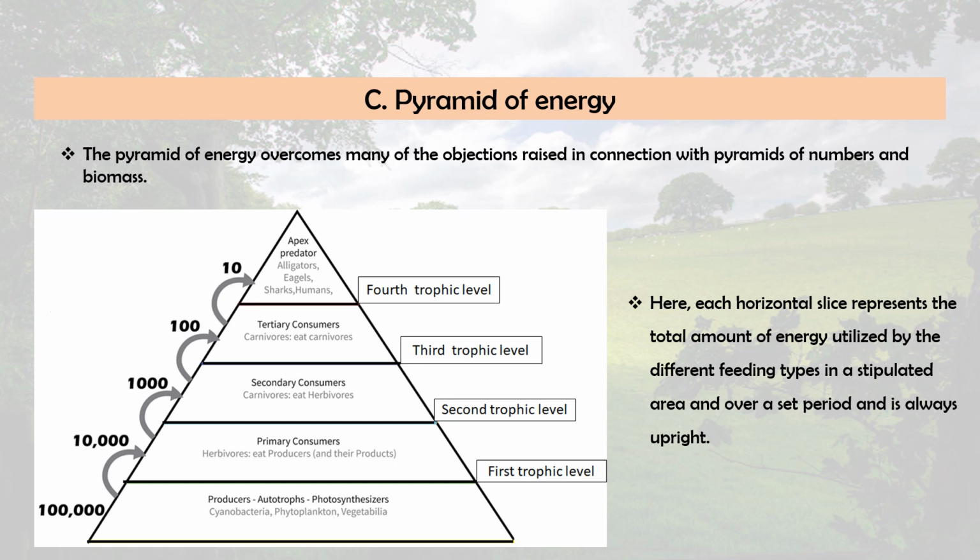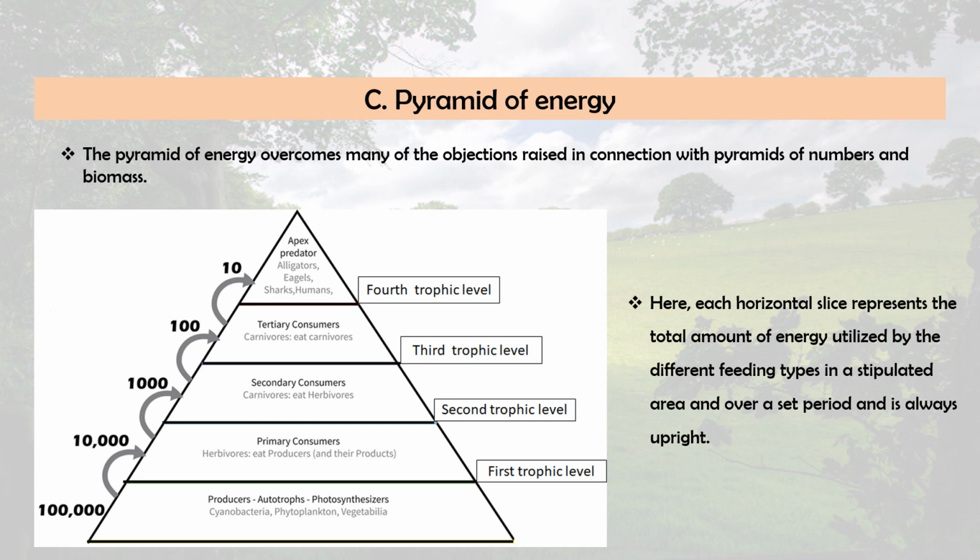It's because that energy first actually comes from the sunlight, and it's very high in amount, of which only 1% is taken up by the producers.